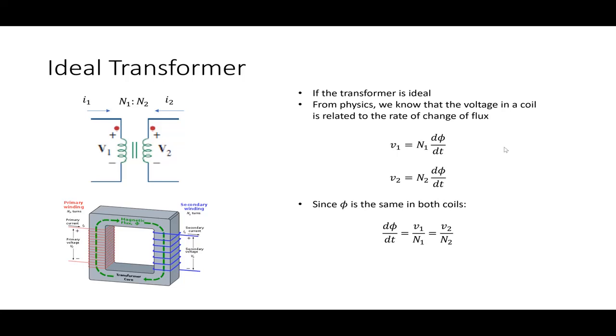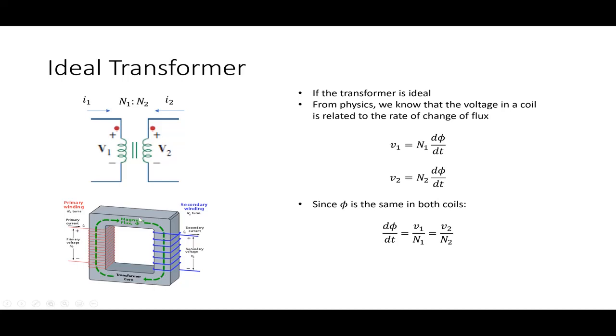If the transformer is ideal, then we can begin our analysis like so. Let's look at coil 1. Let's say it has a current flowing through it. That will create a flux that passes through both coils. The critical thing is that the total flux created is the same going through each one.